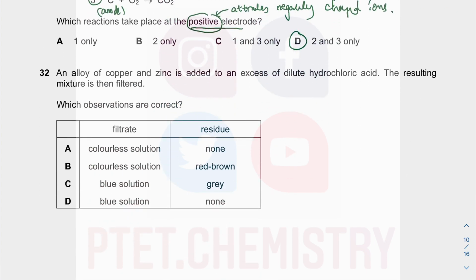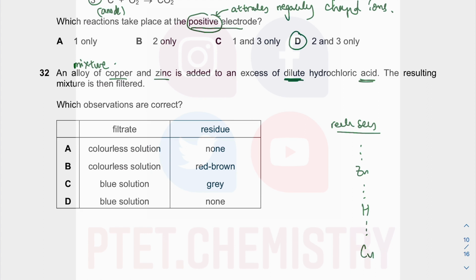32, you have an alloy. When you have an alloy, it's a mixture. That means you still have the properties of your original metals. So you have copper and zinc, and you add it to dilute acid. In the reactivity series, you have zinc, then hydrogen, then copper. So zinc is a more reactive metal than copper.